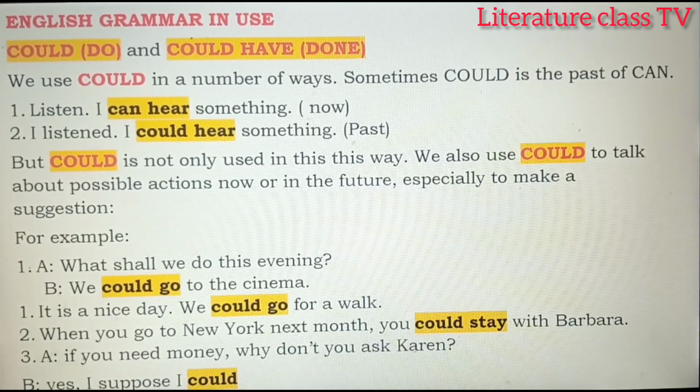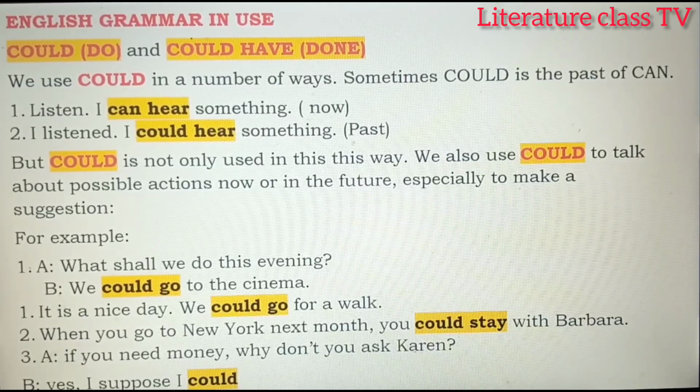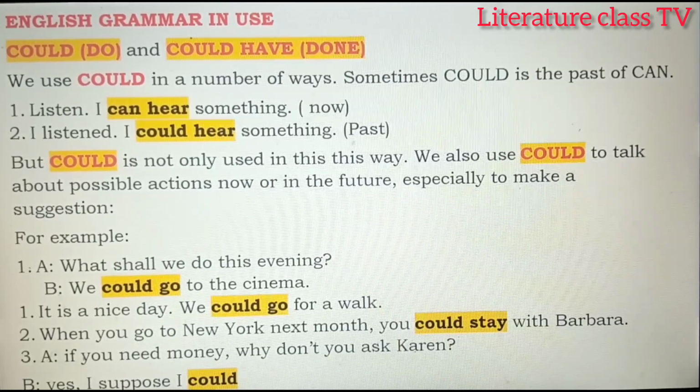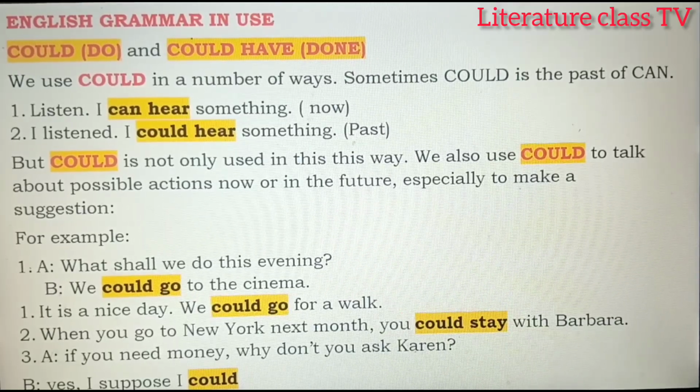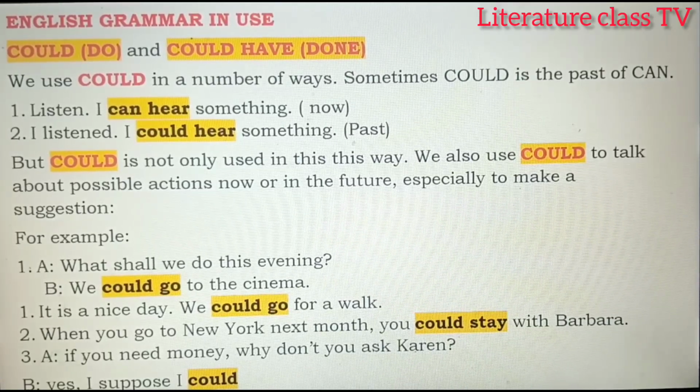But in the first sentence, the activity takes place now. I listened, I couldn't hear something in the past. I think that you are together there, my friend. I want to make everything clear. I want you to know English as a native speaker.